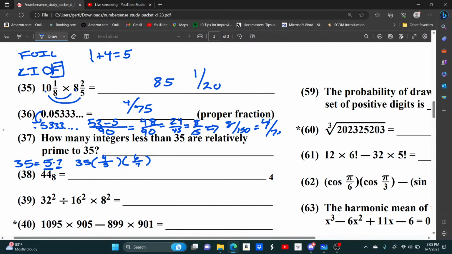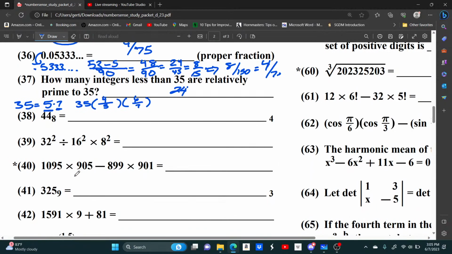So I'm taking 35 times 4/5 and then times 6/7. 35 times 4/5 is 28, and then 28 times 6/7 is 24. Nice.